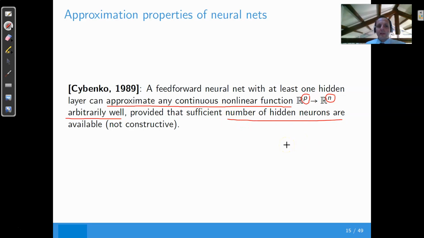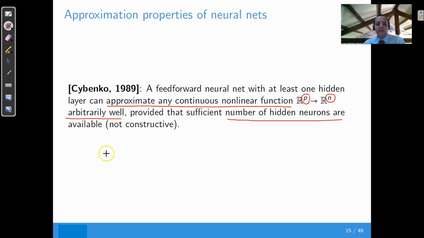Of course, this is not really a theorem, because it's just stating that, given a sufficient number of hidden neurons, you can represent or approximate any continuous nonlinear function with arbitrary accuracy. This is a very important result.